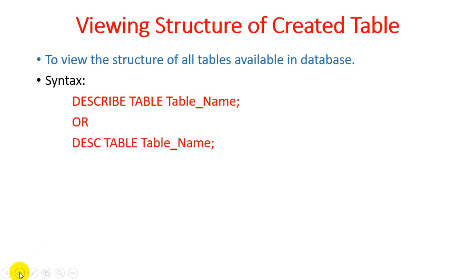It is the shortest form to see the structure of a created table. Let's see one example. Describe test. If a test table exists in the selected database, and you want to see the particular structure of the test table, you just go through the describe keyword with the test table.